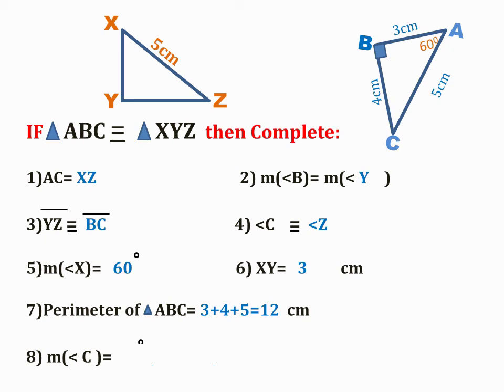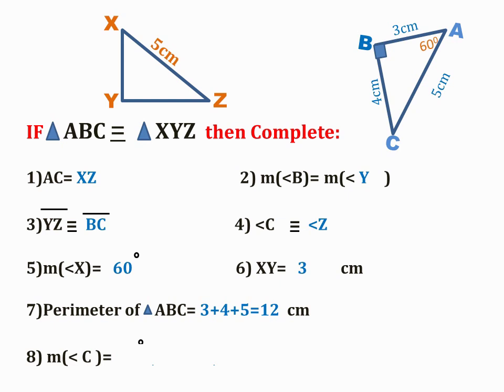Now to find the measure of angle C, first we're going to search for the corresponding angle, which is Z. But we don't have any measurements for Z here. So let's go back to this triangle and see what we have. We have the measure of angle A, which is 60 degrees. We have a square drawn at vertex B. What does this mean? Do you remember?